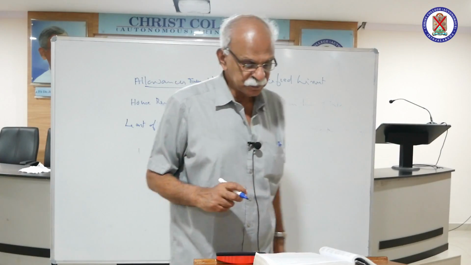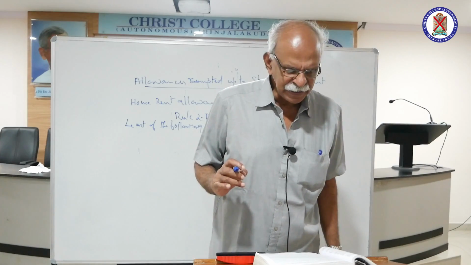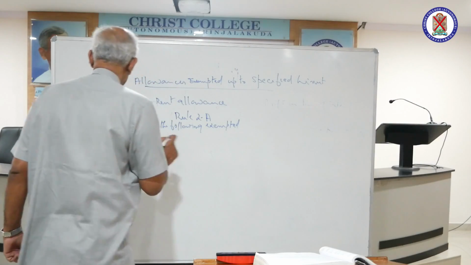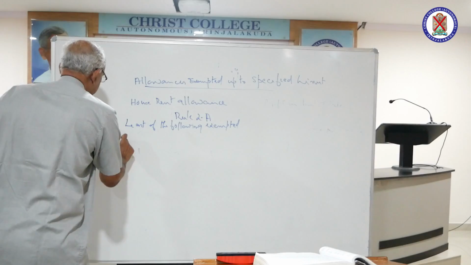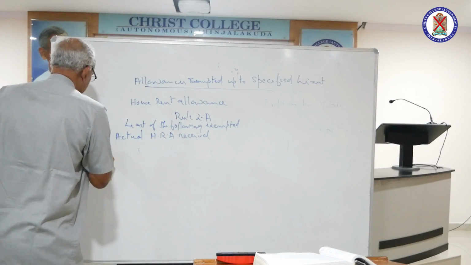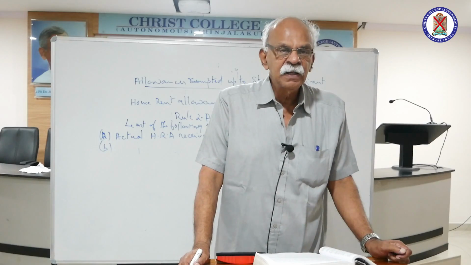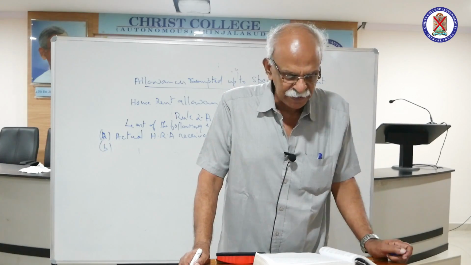One is actual HRA received. B. Excess of rent paid over 1/10 of the salary due to the assessee in the relevant period.